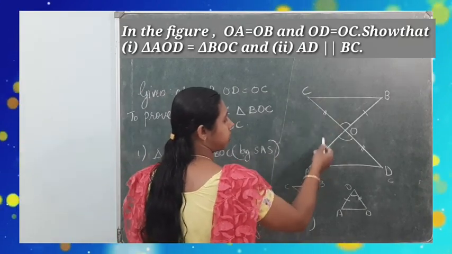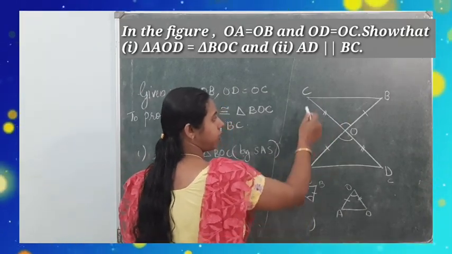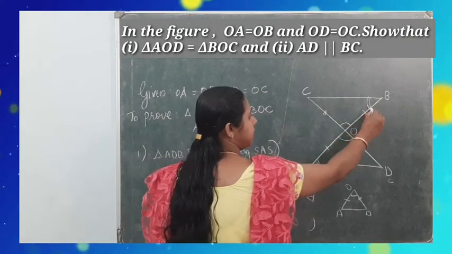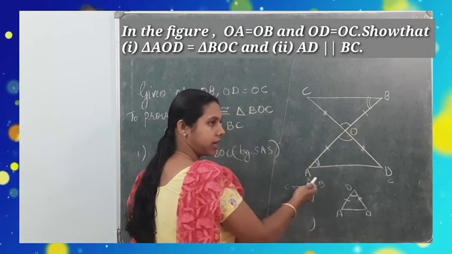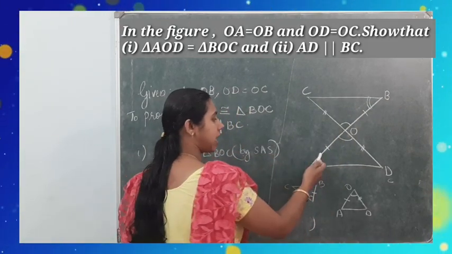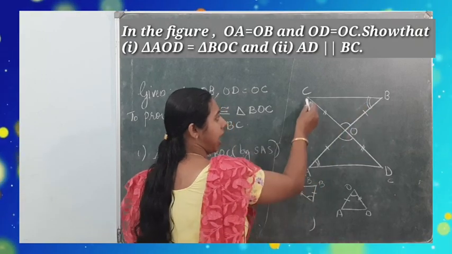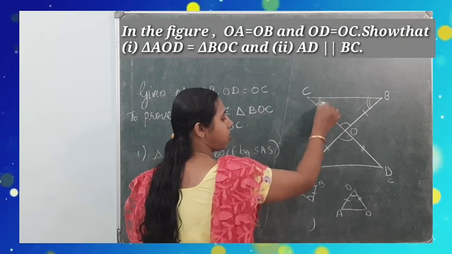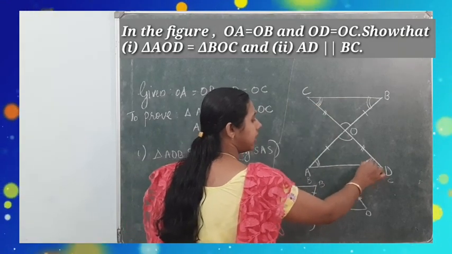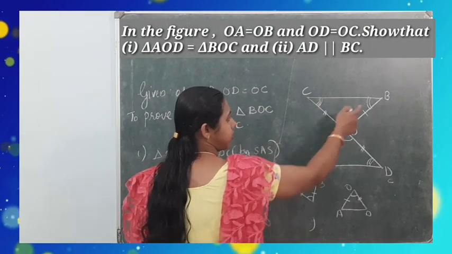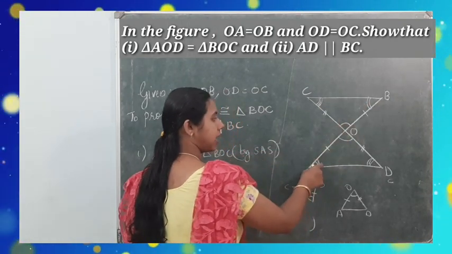If these two triangles are congruent, angle A equals angle B, because B will coincide with A. So angle A coincides with angle B, and vertex C coincides with vertex D. That means angle C coincides with angle D. So these two angles are equal. Angle B is equal to angle A.